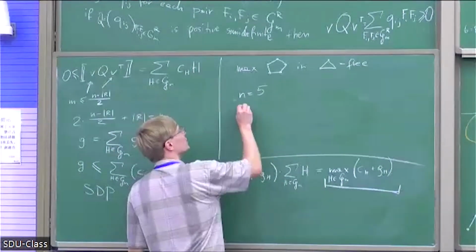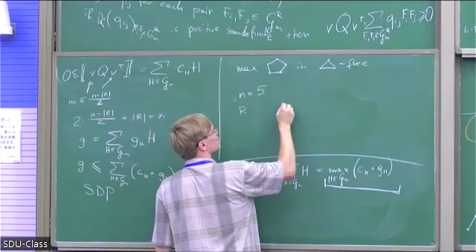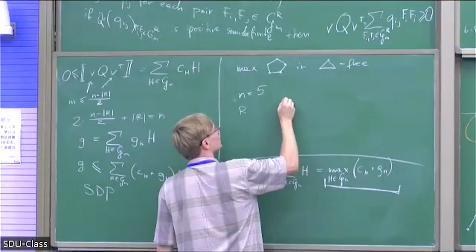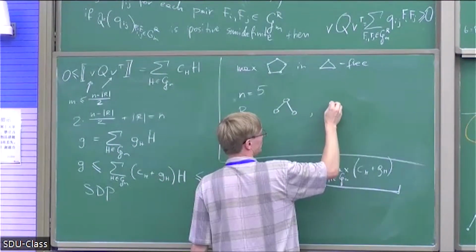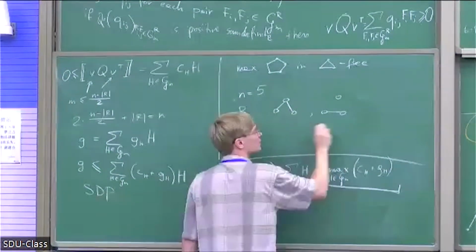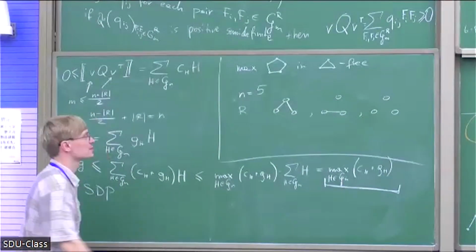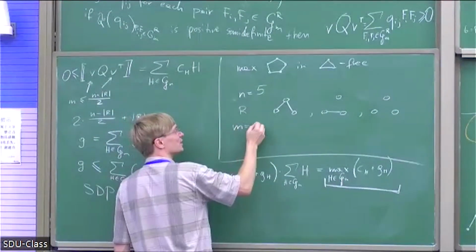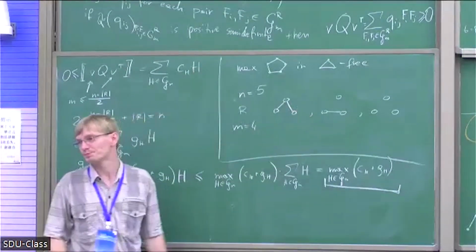Then as my labeled graphs, I take 3 possible options. So I take a rooted cherry, and the root with this, this. So I have 3 graphs. For each of them, I take m equals 4, which means that there is just one more vertex.